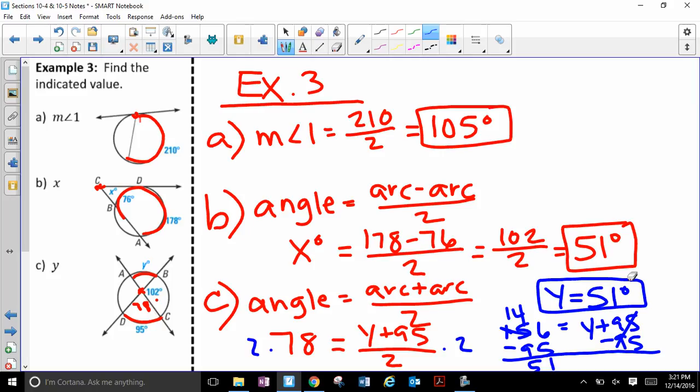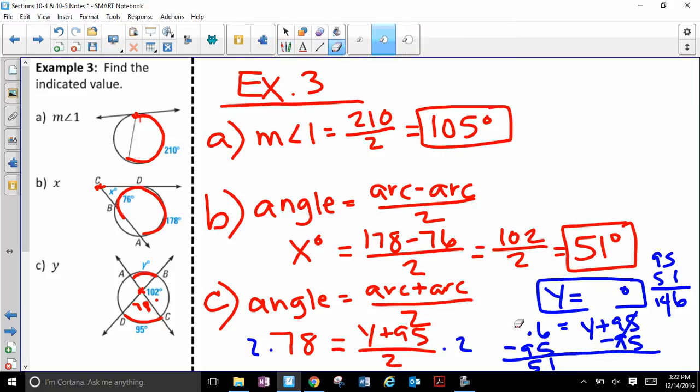If I add 51 and 95, we would get 146. And if I take 146, oh, nope, that should be 61, shouldn't it? That's going to be 61. Doing mental math today is not working out for me.